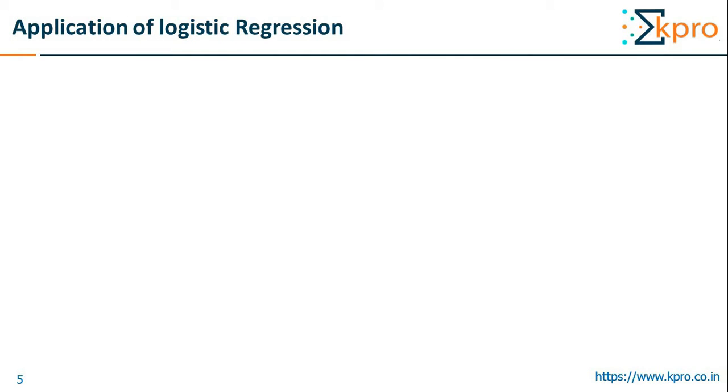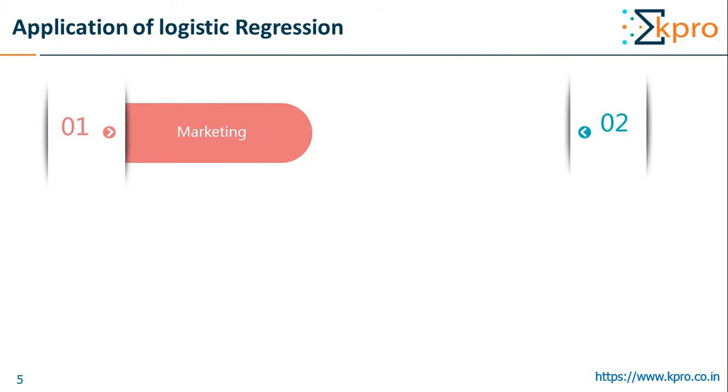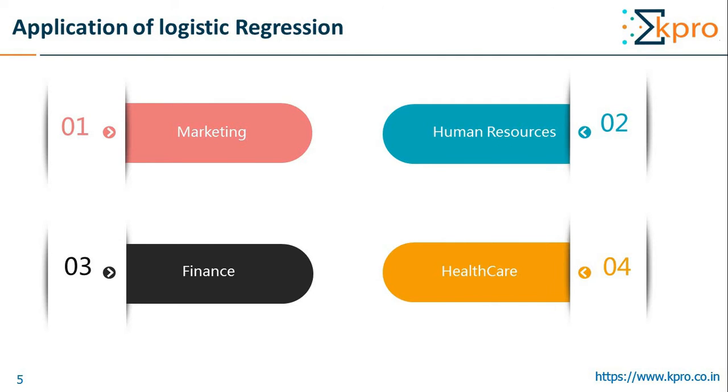Now let's understand how logistic regression is used in the business world. I have listed a few of its applications in different sectors, and the first one is marketing. Let's suppose a marketing consultant wants to predict if a subsidiary of his company will make profit or loss depending on the characteristics of its operation. In that case, logistic regression can be used.